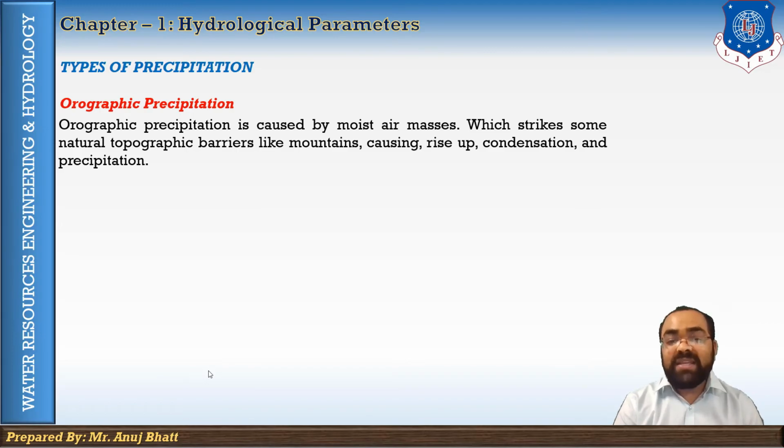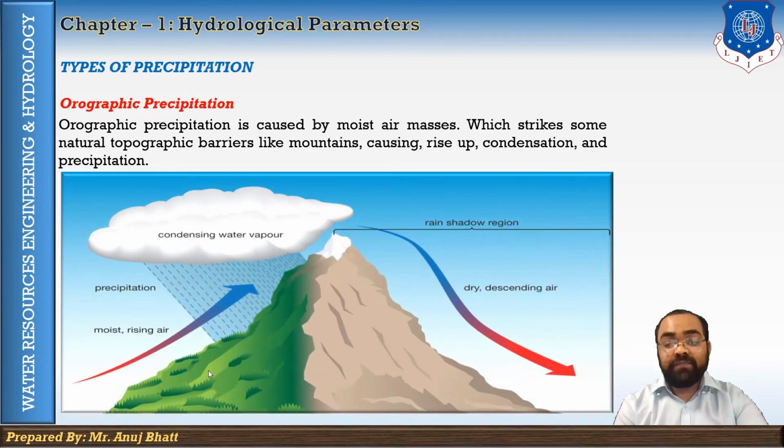The greatest amount of precipitation falls on the windward side, and the leeward side often has very little precipitation. Here you can see this is the windward side and this is the leeward side. So the rainfall is composed of showers and steady rainfall.